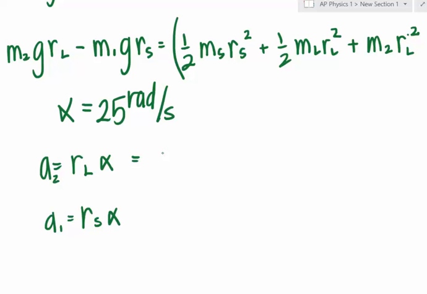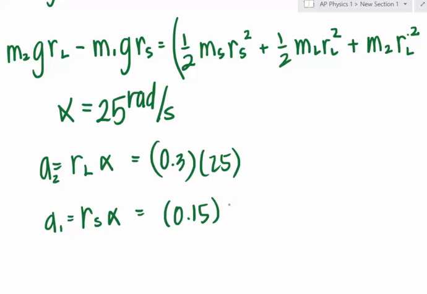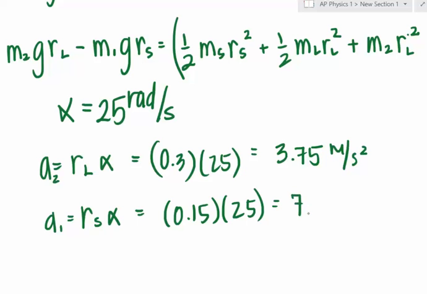So R large was like 0.3 times 25. So this one will be like 3.75 meters per second squared. And this one's going to be like 7.5 meters per second squared.